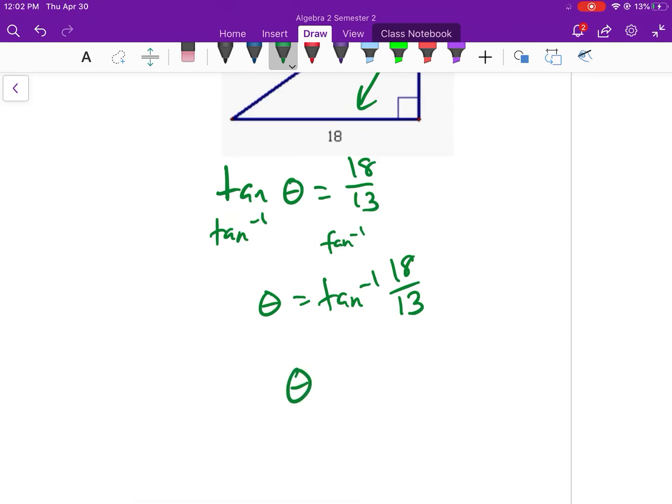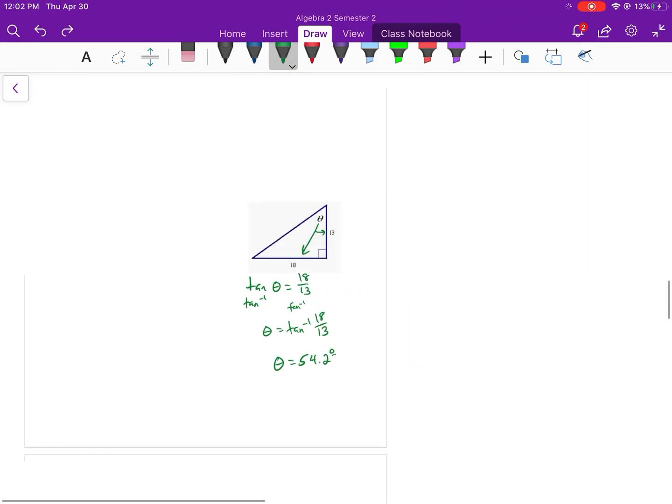Make sure your calculator is in terms of degrees. Type it in, second tangent, 18 divided by 13. You're going to get theta is equal to 54.2 degrees. Now keep in mind what I tell you to round to. That's the place you should round to. And again, it's a degree measure, so make sure you have your degree symbol.